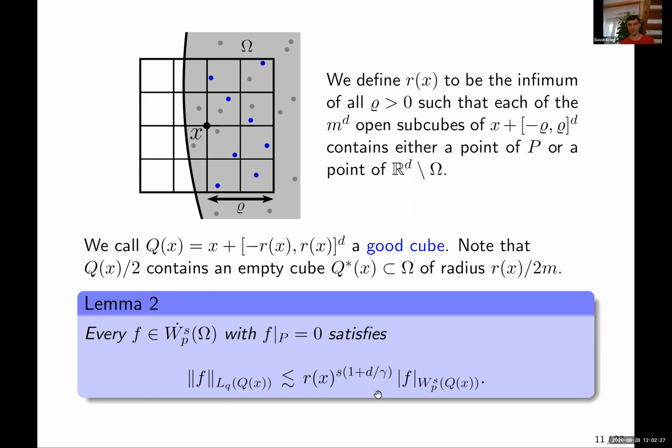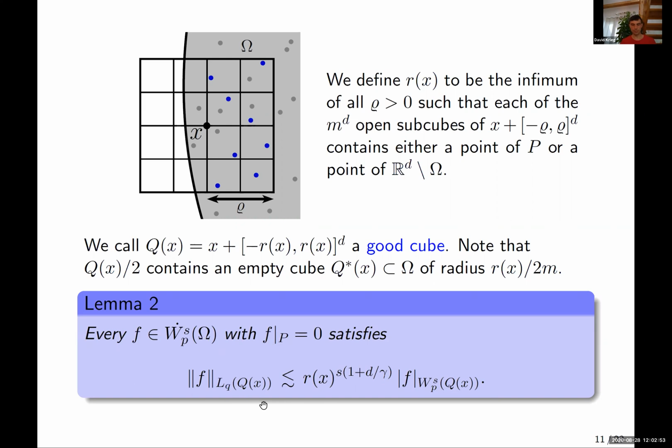It's just transforming everything to the unit cube. So every function from this space, which vanishes on the point set, satisfies this bound of the LQ norm on these good cubes for every x in the point set.